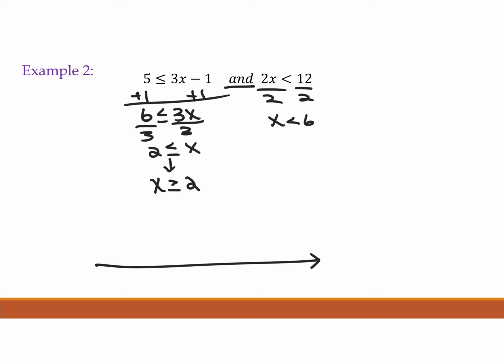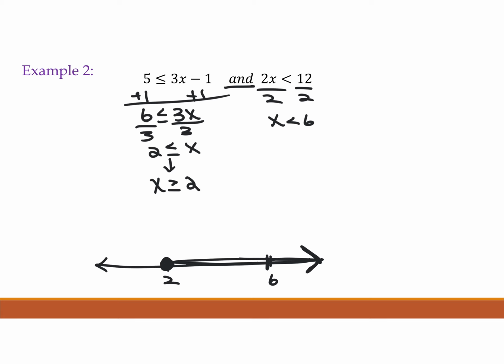So we're ready to do our graph. And our graph's going to be a little bit different for an and compound inequality due to the fact that we are looking for a certain area. So greater than or equal to 2 is going to be a closed circle on 2 and everything shaded to the right.